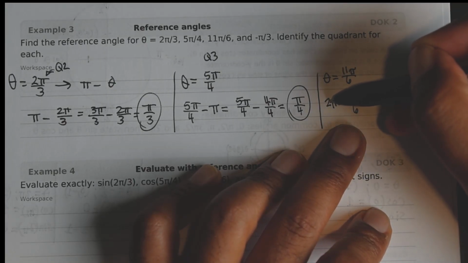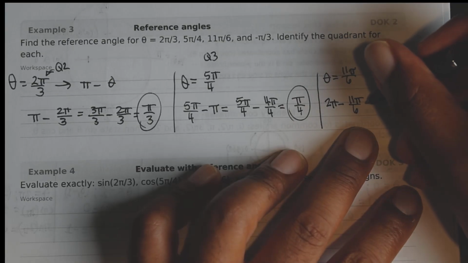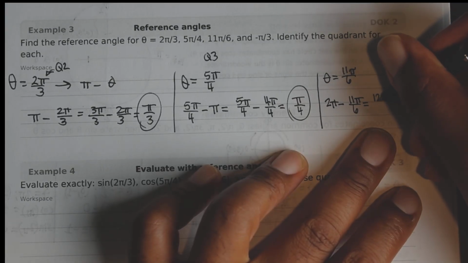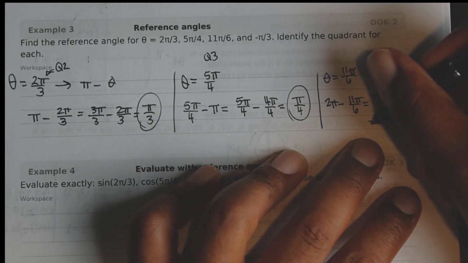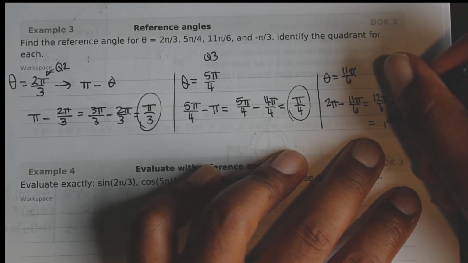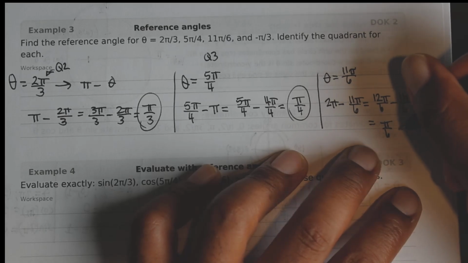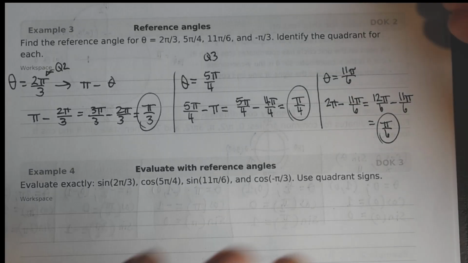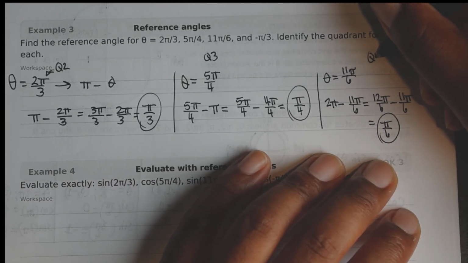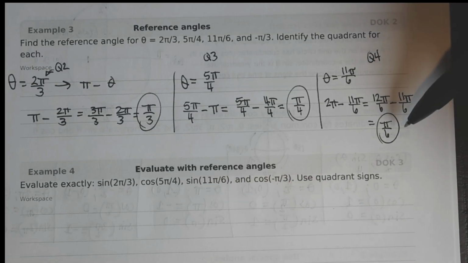Multiplying the numerator and denominator by 6, we're going to end up with 12 pi over 6 minus 11 pi over 6, which simplifies to pi over 6. Okay, so quadrant number 4 and the reference angle of pi over 6.